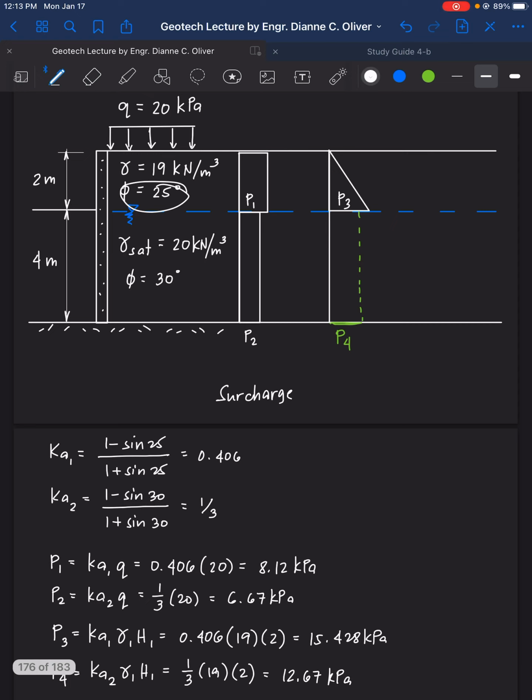Therefore, the uniformly varying for P sub 5 for the soil, the lower portion, will be something like this. P sub 5.